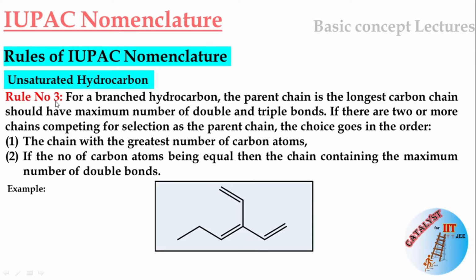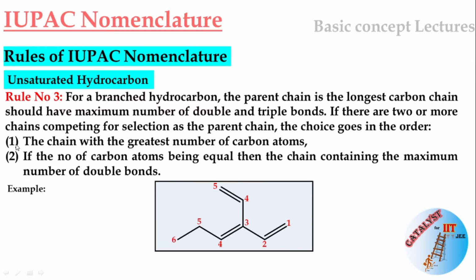You can take this example to clearly understand rule number 3. In this example, if you choose this as your parent chain, this double bond is left out. There is clearly this other way to choose the parent chain too, but the number of carbons present in this parent chain is 1, 2, 3, 4 and 5, while if you choose this as your parent chain, the number of carbons present is 6.